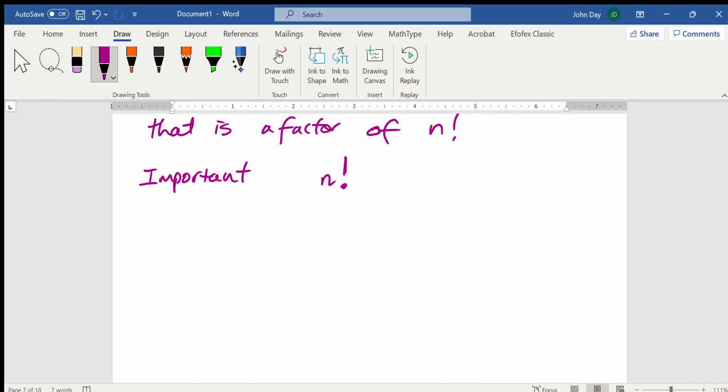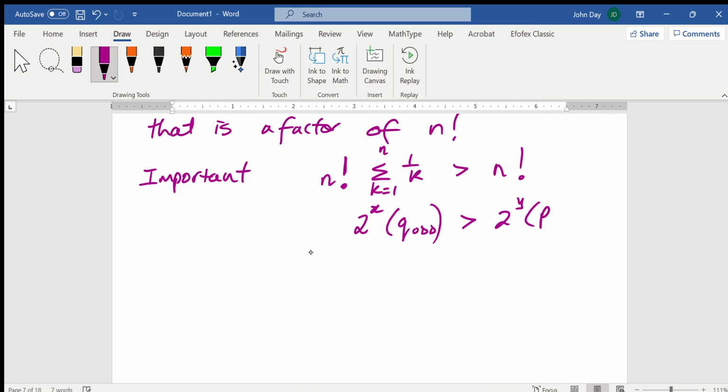If you multiply n factorial by something that's bigger than 1, like that summation, then it's going to be bigger than n factorial. But we've just worked out that n factorial times that is the same as 2 to the x times this q, which is an odd number. And we're saying that's bigger than 2 to the y times p, which is an odd number. Now we know that from above.